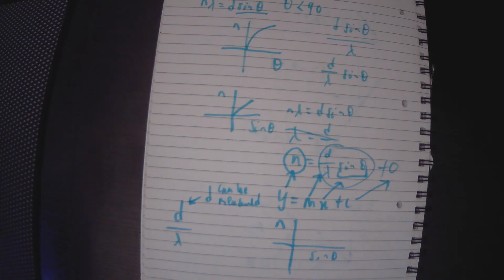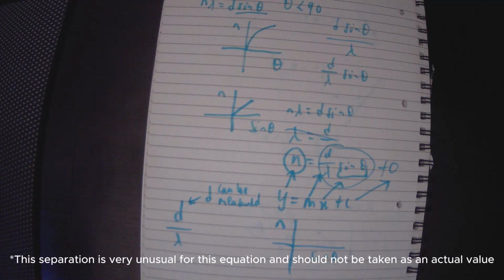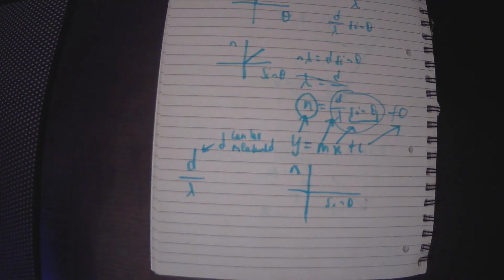So, for example, you may have a slit separation of, say, 2 times 10 to the minus 4 meters, and you can measure that using a traveling microscope. However, with light of wavelength lambda, you can't exactly measure that one using a traveling microscope.